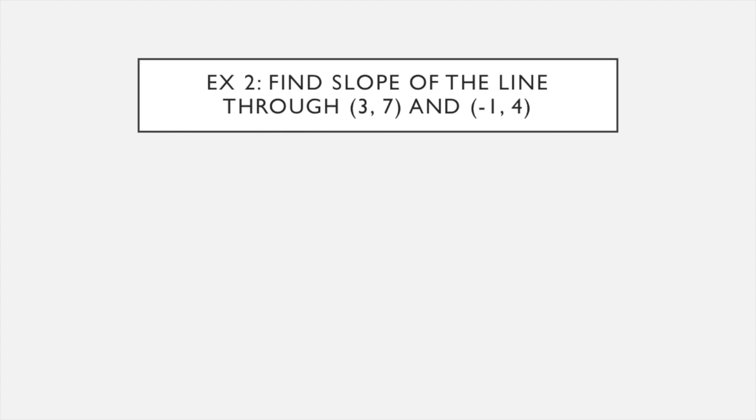Example 2, our focus is now on finding the slope. So given 2 points, you can find the slope. Slope is m. Now, what formula do we know that allows us to plug in the values of 2 points to find the slope? Well, the name gives it away.